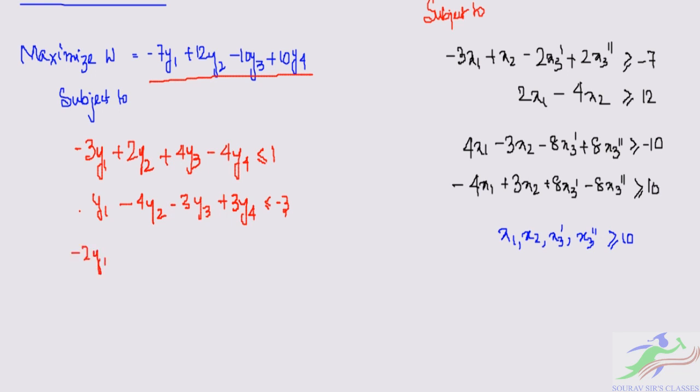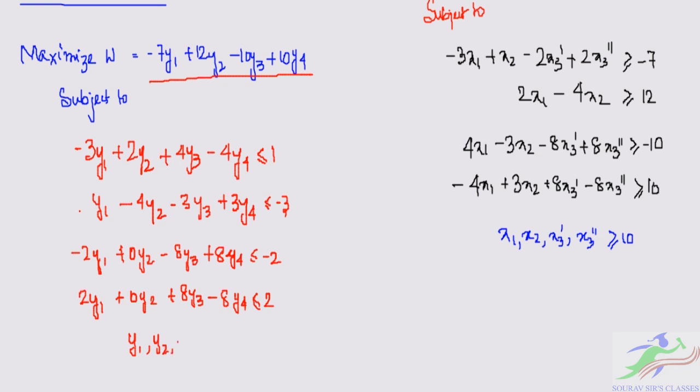Minus of 2y1 plus 0y2 minus 8y3 plus 8y4 should be less than or equal to minus 2, and it will be 2y1 plus 0y2 plus 8y3 minus 8y4 should be less than or equal to 2. And so from here you can get y1, y2, y3, y4 should be greater than or equal to 0.